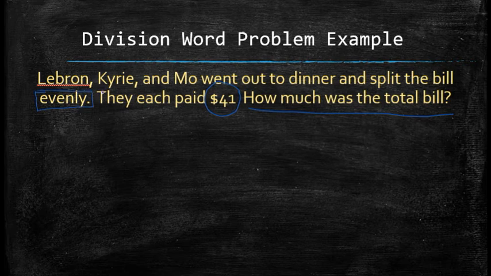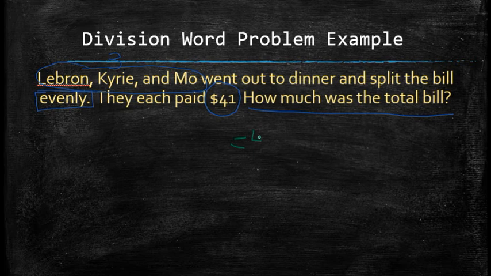And we are missing a number here, but we're really not. It's in the words. We know LeBron, Kyrie, and Mo went out to dinner, and that's actually 3 people, so that is a number, even though it's in word form. So how would we set this up? Well, we know that they each paid $41.